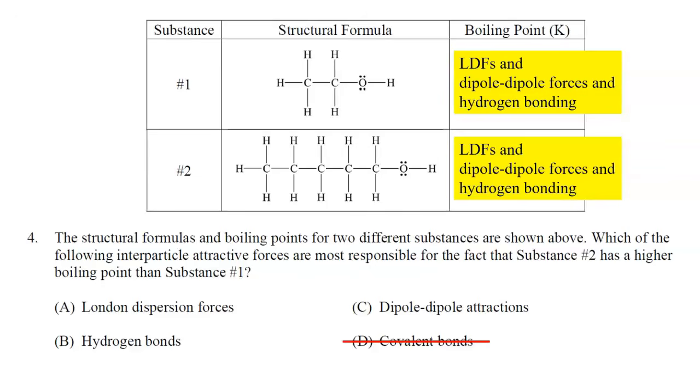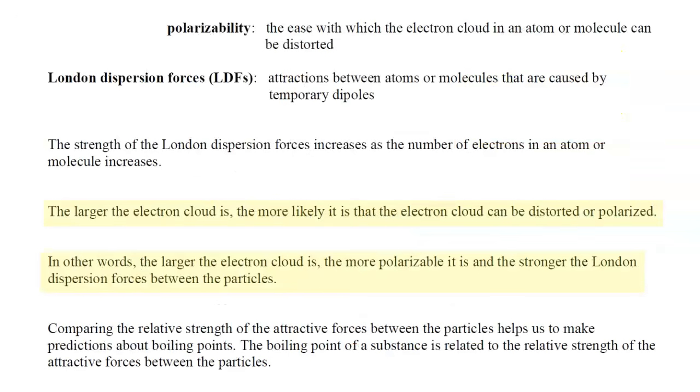Well, the significant structural difference between substance number 1 and substance number 2 is the following. Substance number 2 does have a larger electron cloud. And so what does a larger electron cloud mean when we're comparing these two substances? Well, as I mentioned earlier in this video, the strength of the London dispersion forces increases with the size of the electron cloud.